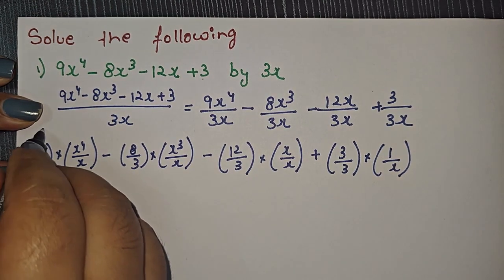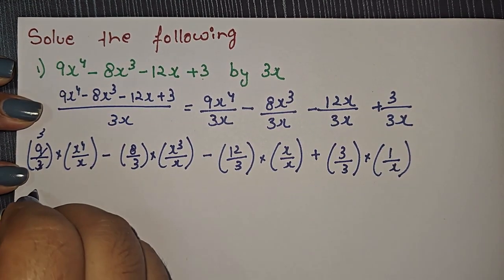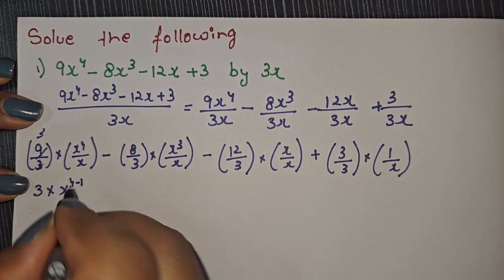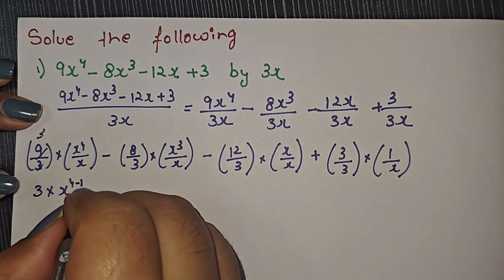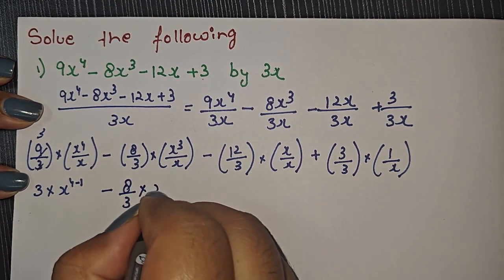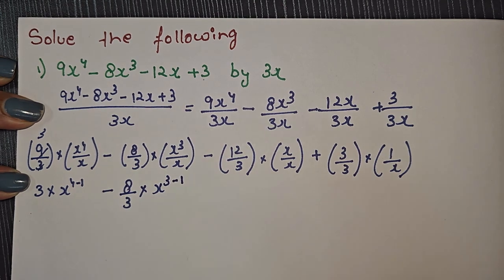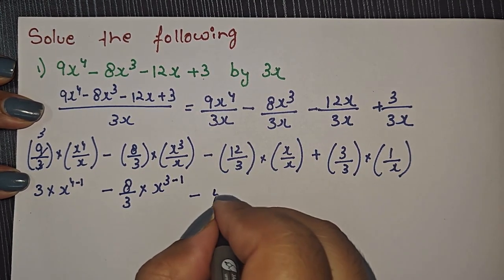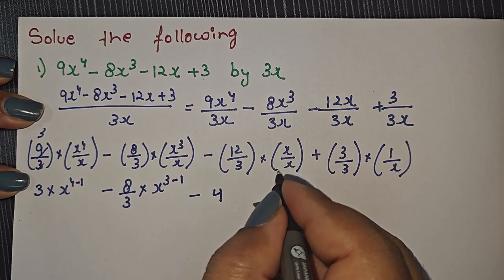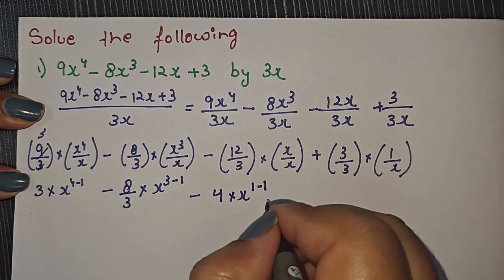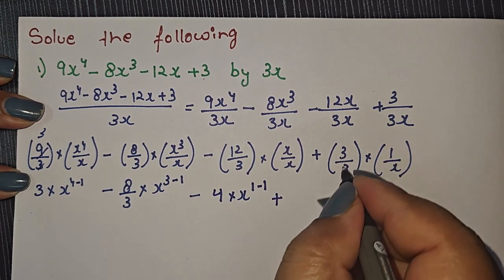Okay, now let's start solving. This one will be 3. So we have 3 into x^(4-1), minus, this cannot be simplified further. Okay, then this one will be 4, so we have 4 and x^(1-1), plus this will cancel out.